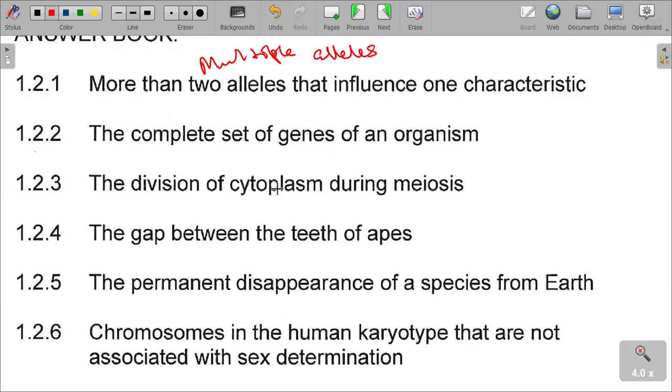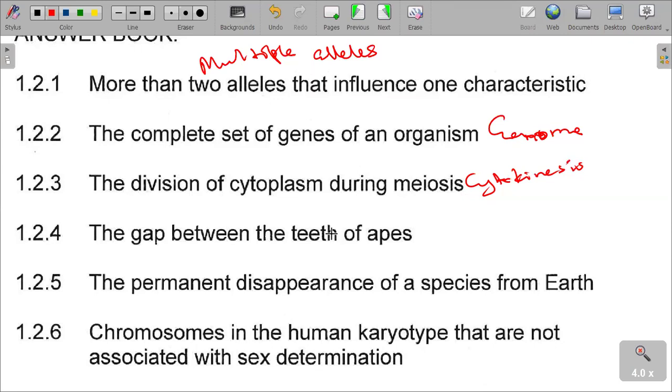And then the complete set of genes of an organism is called the genome. And then the division of cytoplasm during meiosis is called cytokinesis. I'm sure of these terms, and I also wish that you don't make mistakes.